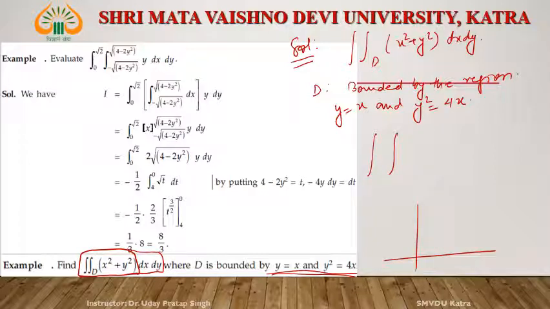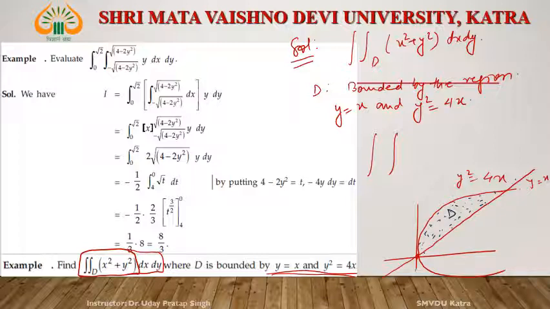Y square is equal to 4x is this parabola, and y equal to x is this straight line. The region bounded by these two curves is this one. This is the region D.